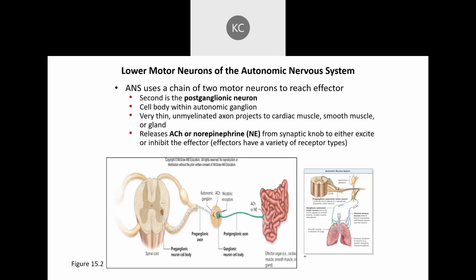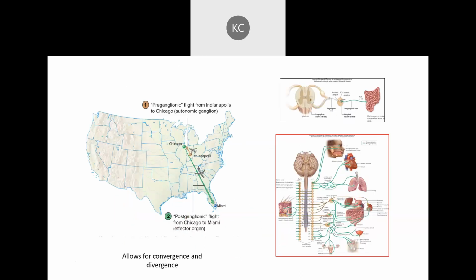So depending on the neurotransmitter, and then depending on the receptor that it binds to, you could get a variety of different effects. This is why stimulation of the heart with one nerve causes it to increase its heart rate, and stimulation of the heart with another nerve causes it to decrease its heart rate. Same thing for respiratory rate, pupillary constriction and dilation, digestive activity, all these different things. It depends on the neurotransmitter and the receptor that is binding it.